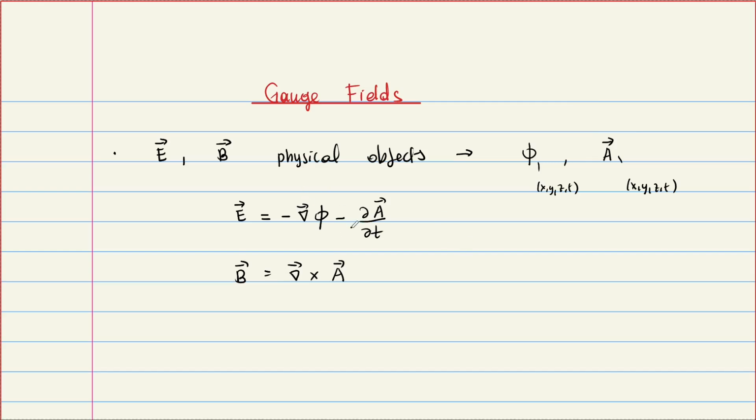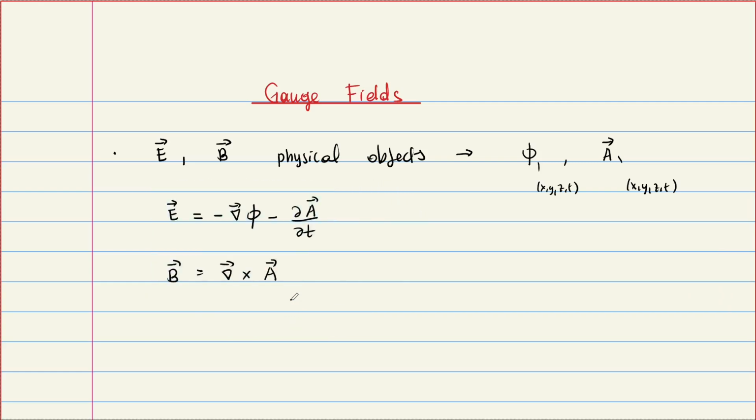And in the following calculations, I want to use summation convention to write these things a little bit more effectively. I think I heard Einstein said his biggest contribution to physics is summation convention. I sometimes agree with that. So for that, I'm going to use this notation. E_i, the ith component of electric field, is going to be minus del_i phi, minus del_t, the ith component of vector potential, and B_i, the ith component of magnetic field.